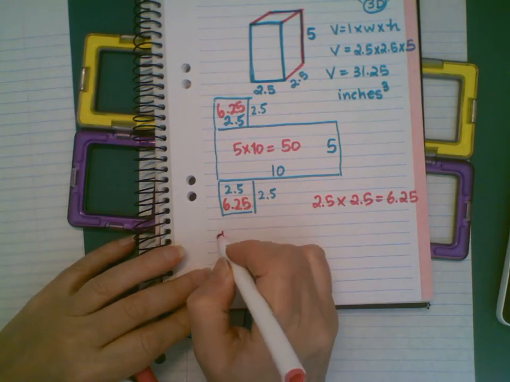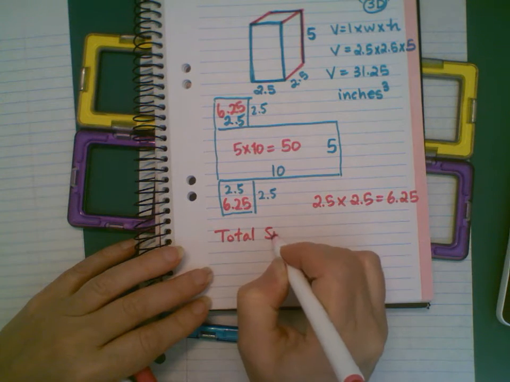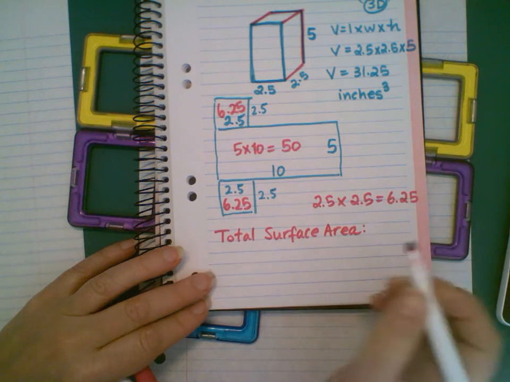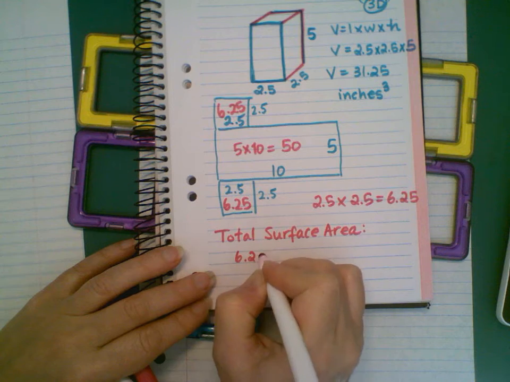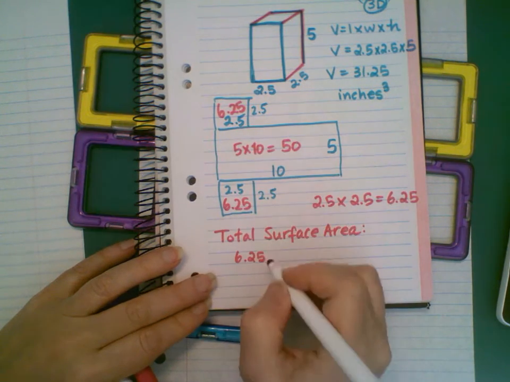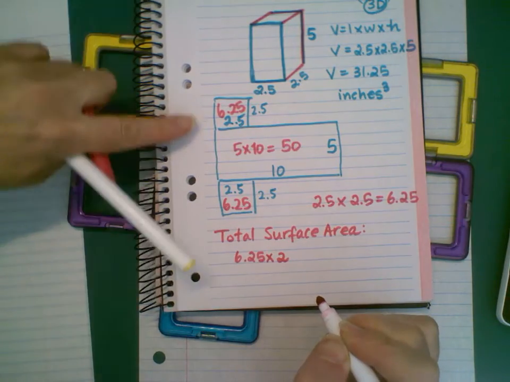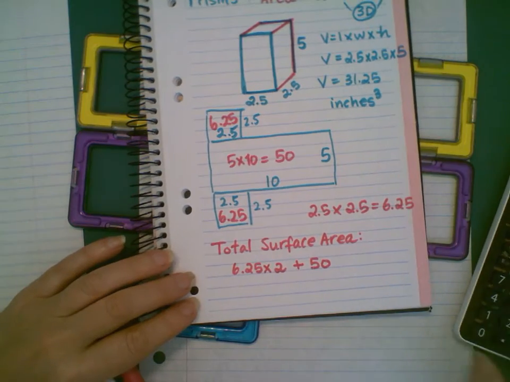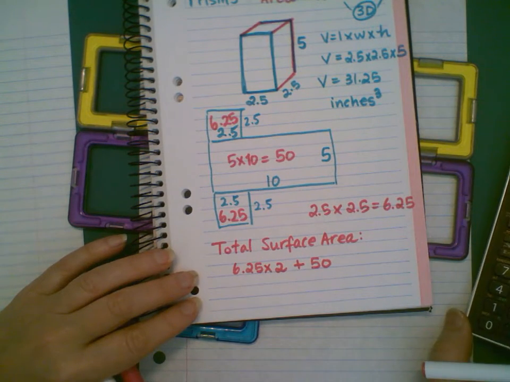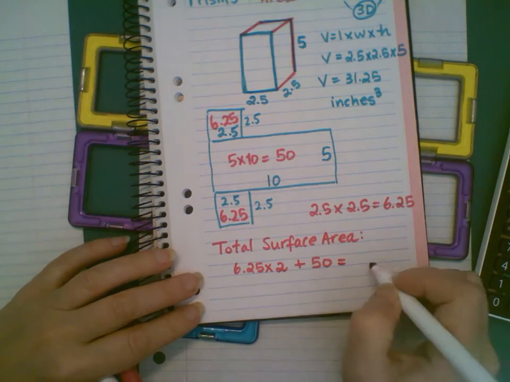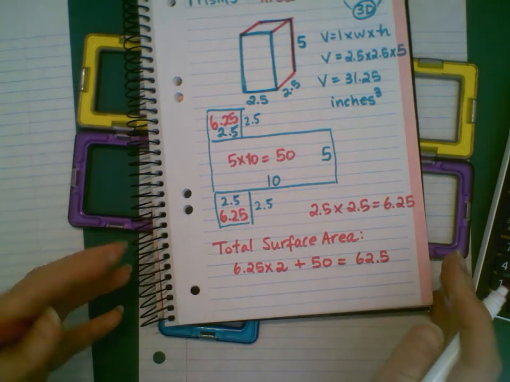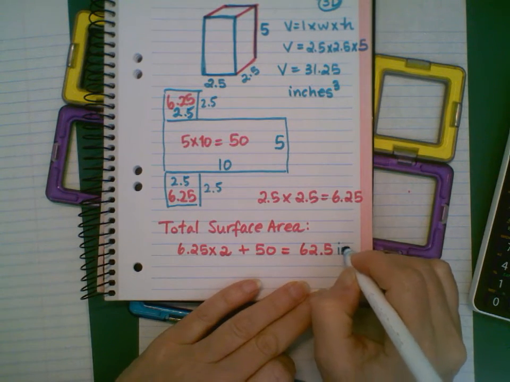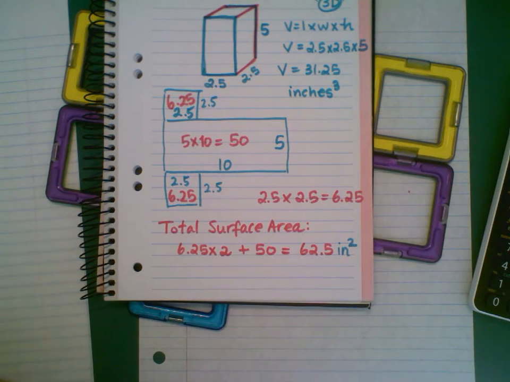So in the end, the total surface area is going to be 6.25, and there's 2 of those, one on the top and one on the bottom, plus that 50. So that works out to 62.5. And again, this is inches, but it's 2 dimensions this time, so it's now inches squared, or square inches.